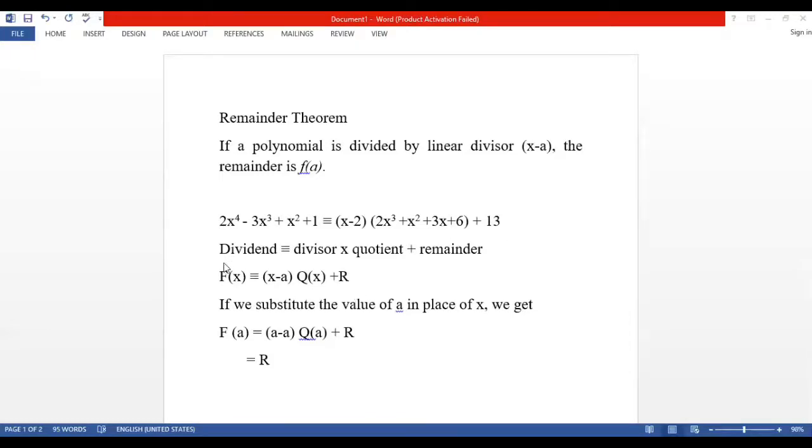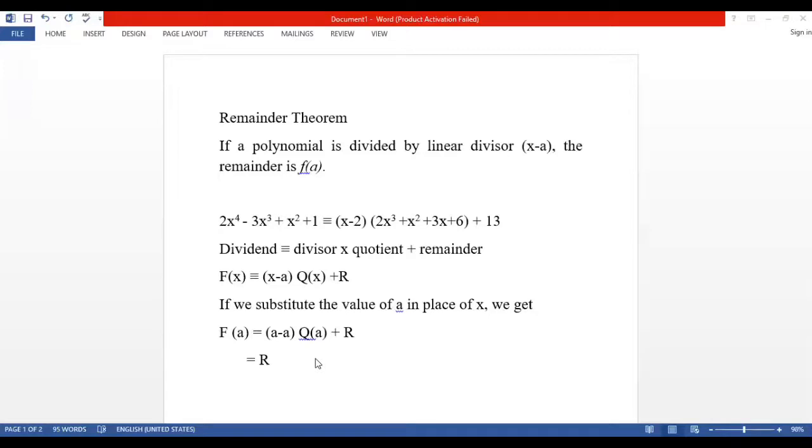First, let's see this in general terms. f of x is equal to (x minus a), which is the divisor, here x minus 2, times the quotient of x, plus the remainder. If we substitute the value of a in place of x, we get the remainder.